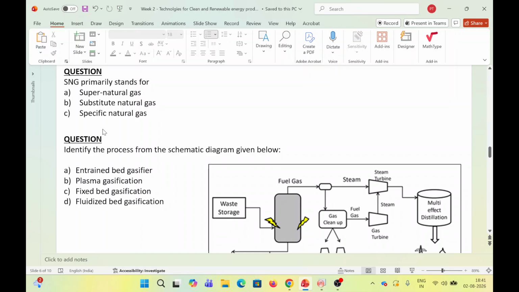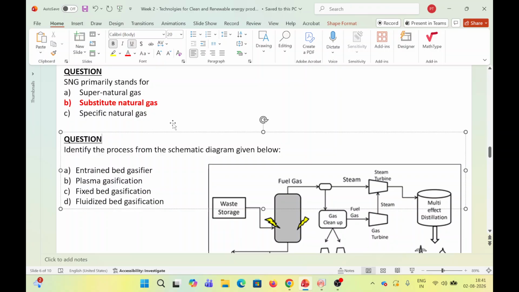It's called substitute natural gas. Basically, it means the syngas is used as a substitute for natural gas. That is the reason it's called SNG, substitute natural gas. This is just an abbreviation, so please remember this.